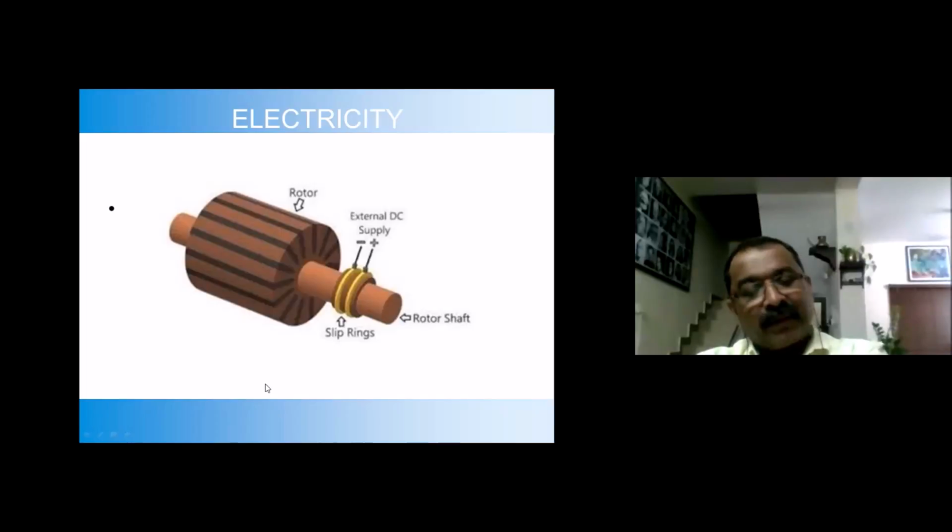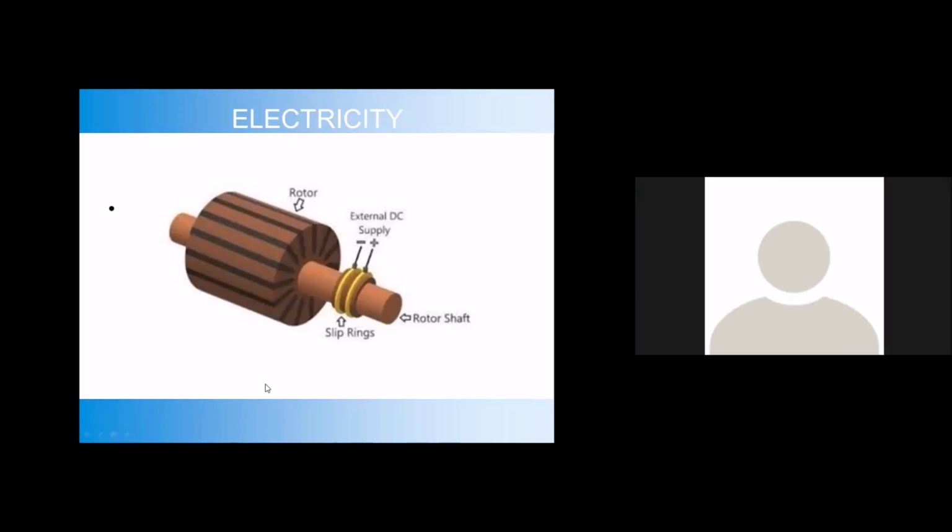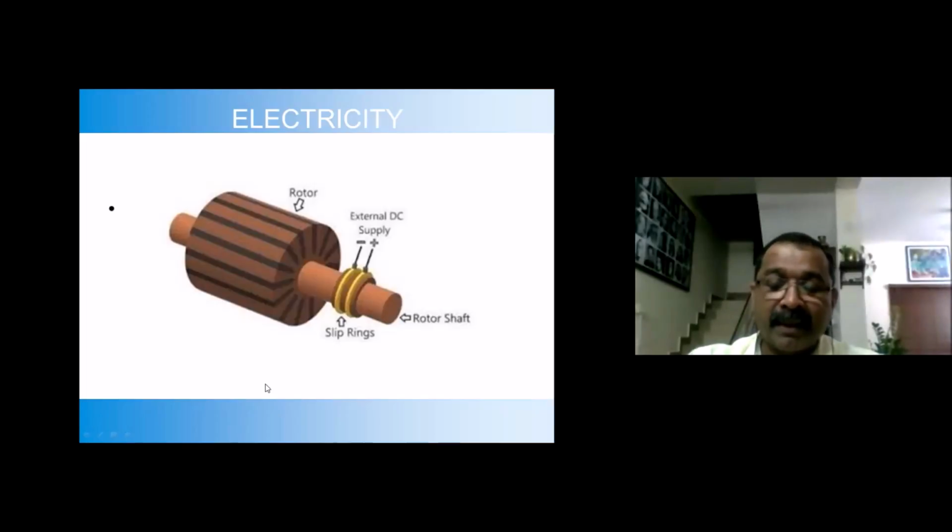In a generator, we have to rotate the rotor forcefully so that a current will flow through the conductor.